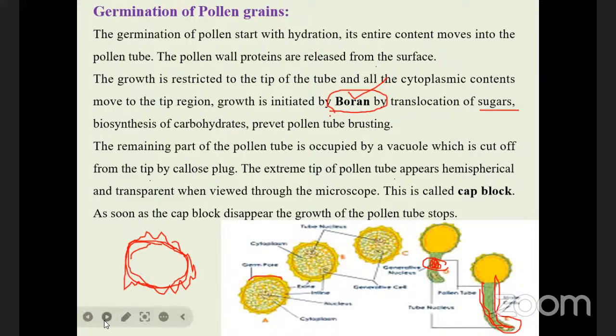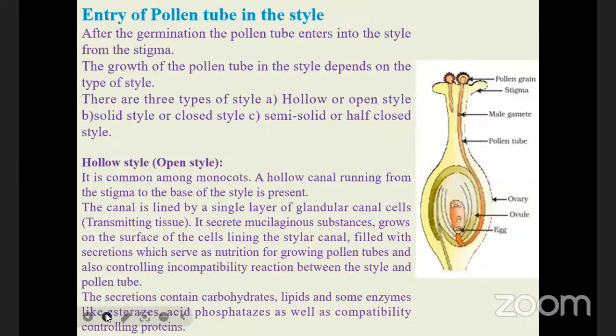And then you can see the entry of the pollen tube in the style.